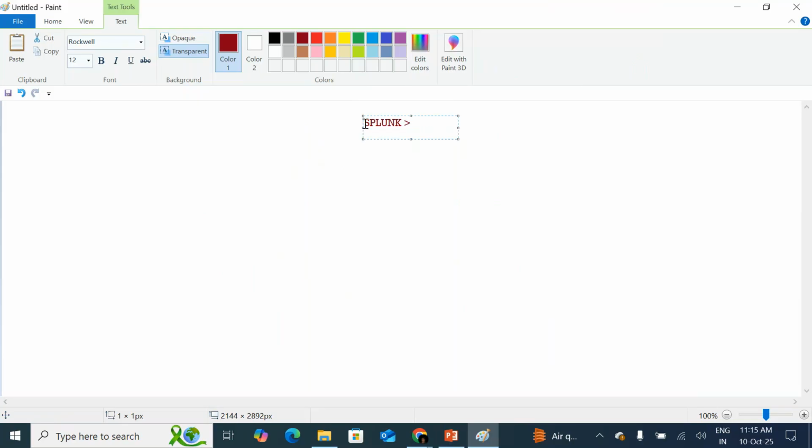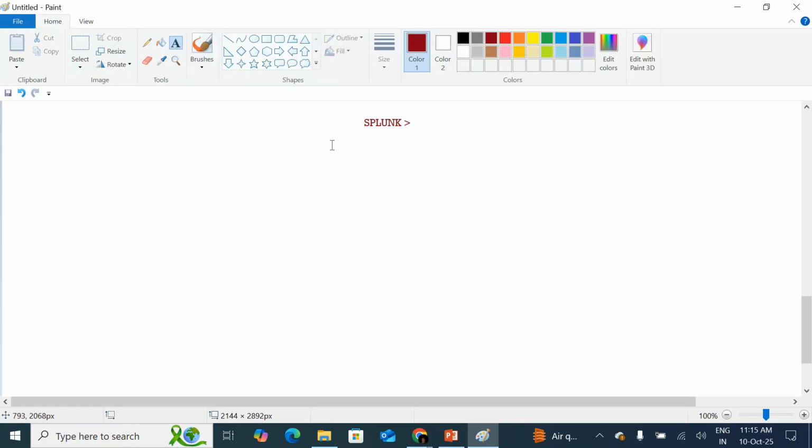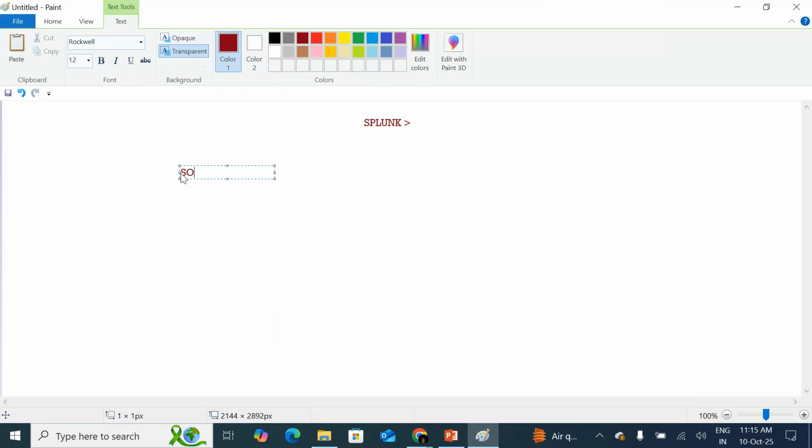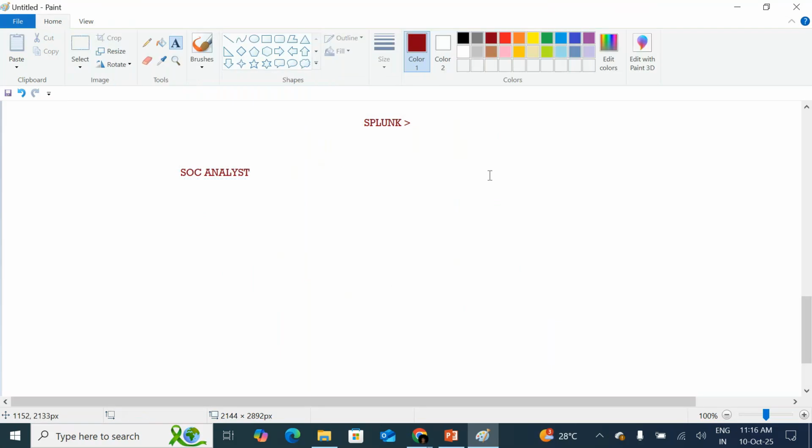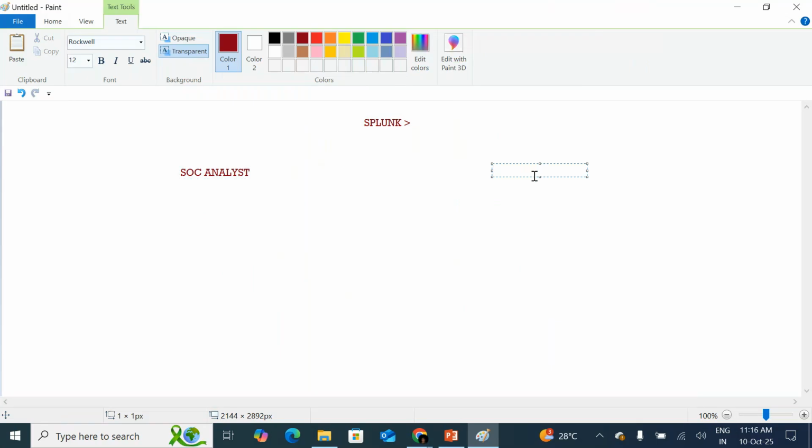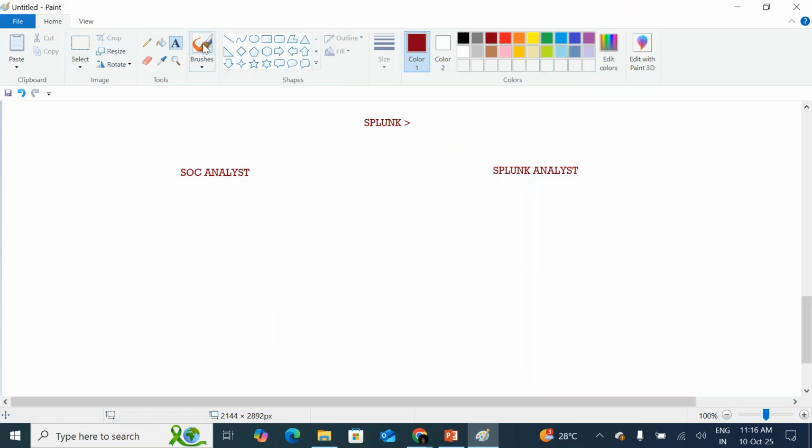Before starting with Splunk, there are two names we call: SOC analyst and another one is Splunk analyst. These are the roles actually. So what do we mean by analyst?